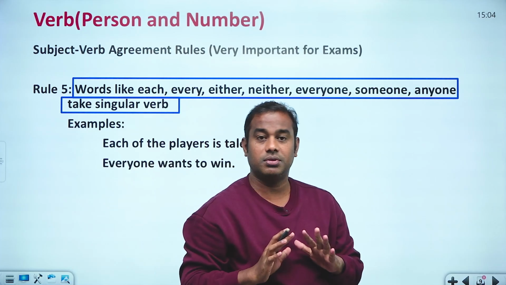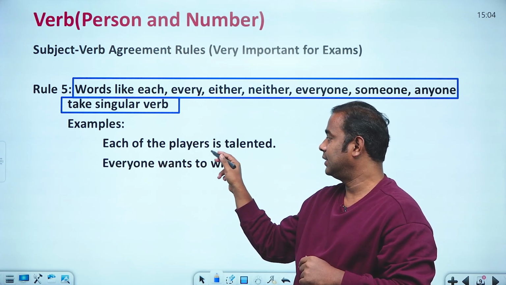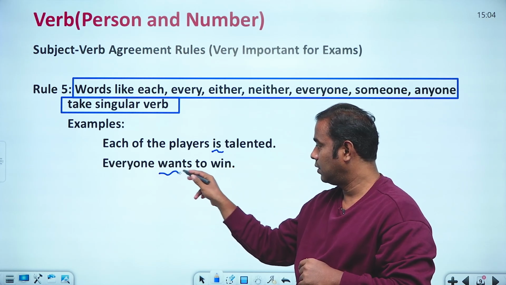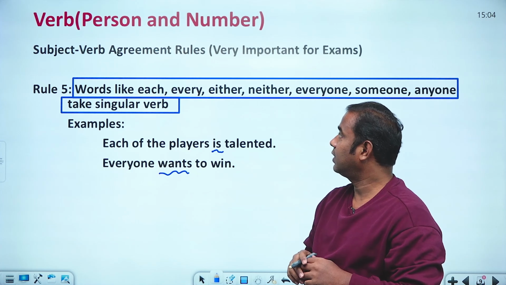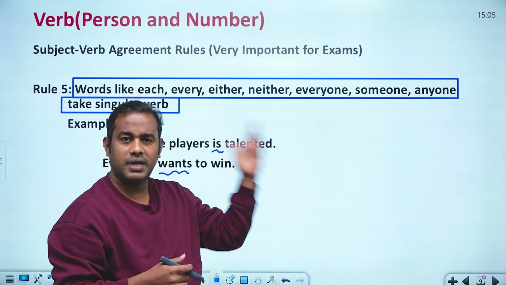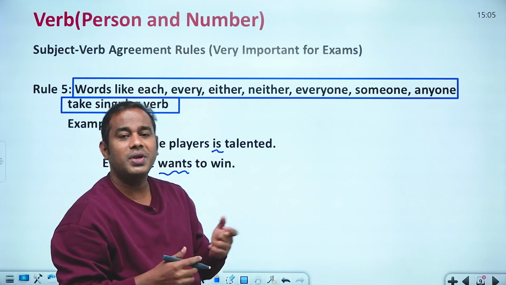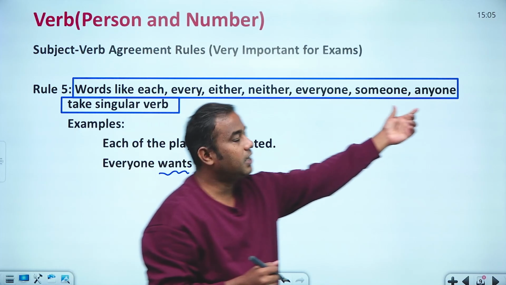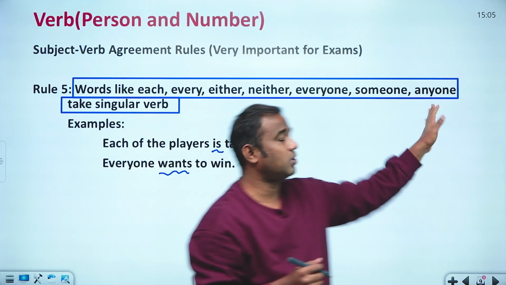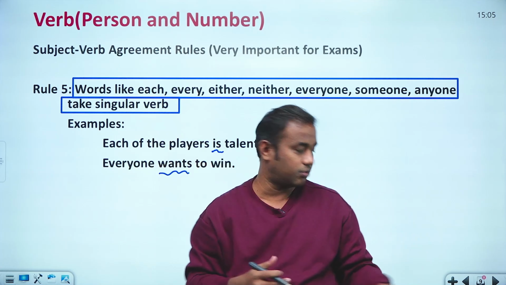These words generally take a singular verb. Each of the players is talented. Everyone wants to win. Either and neither we have done. Everyone has an idea. Everyone has their own story. Someone has my pen. Anyone can give. Likewise, you can naturally frame some sentences. So you just try some sentences. This is basically another rule.